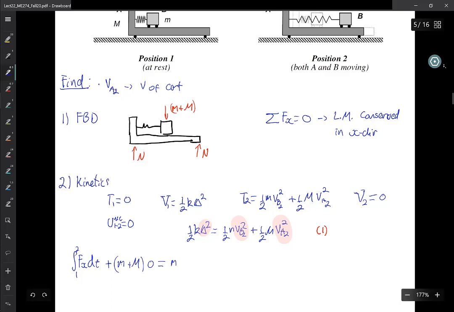And then the mass of the little mass in state 2 plus the big mass of the cart in state 2. So then we get that, let's solve for this one.